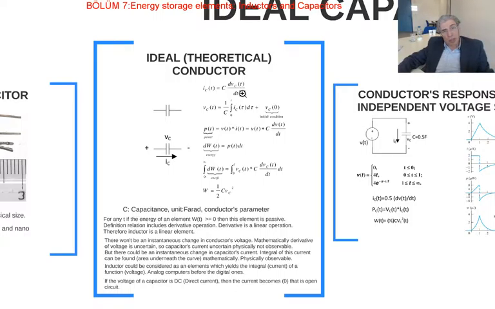What about the current? You can't say anything like that for the current of this element. The reason is the integral. If there is a discontinuity in that current, you could still find the area underneath that function. You find the area before the discontinuity point, and another area after the discontinuity point.